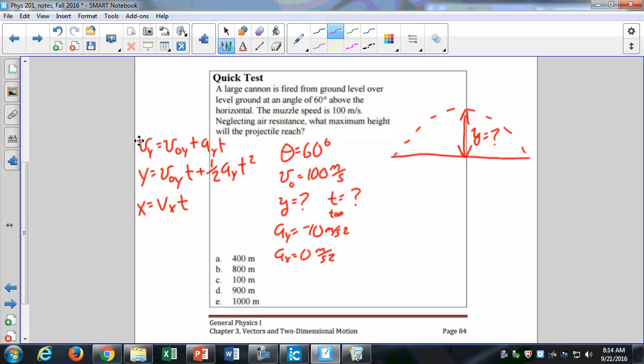Find the time, and then once you find the time, you can find the y displacement at the top of the trajectory.